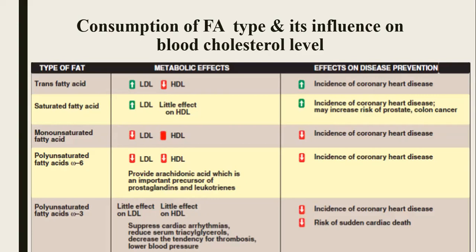So the mechanism by which omega-3 fatty acids decrease the incidence of coronary heart disease, though they do not have any effect on LDL and HDL level, is that they suppress cardiac arrhythmias and decrease serum triglyceride. They decrease the tendency of thrombosis. They lower the blood pressure and they decrease the risk of cardiovascular disease mortality.